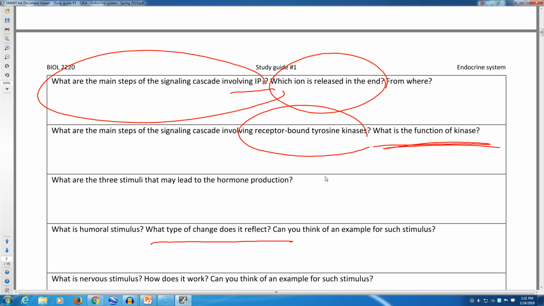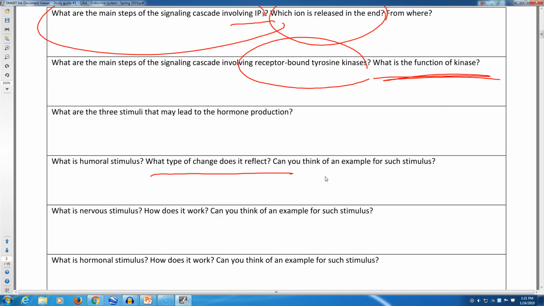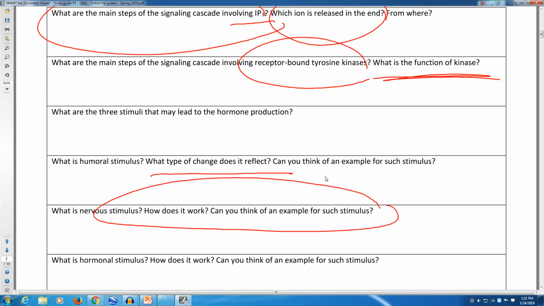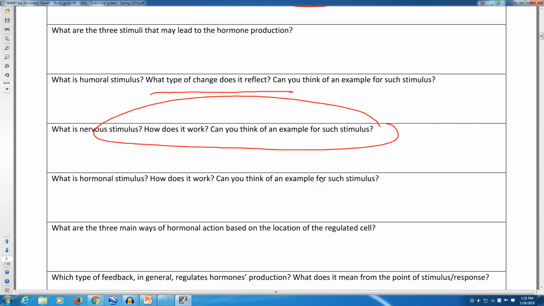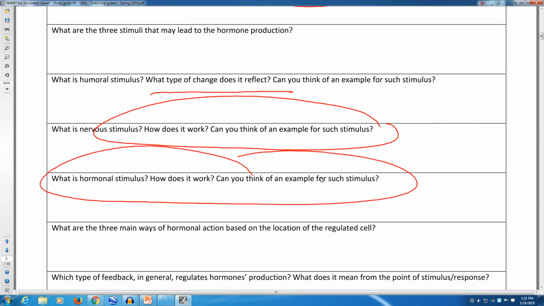Does that make sense? Aldosterone release is a response to humoral stimulus. Nervous, you'll understand. Hormonal, in any axis, like growth hormone, can be stimulated by a hormonal stimulus. We clear?